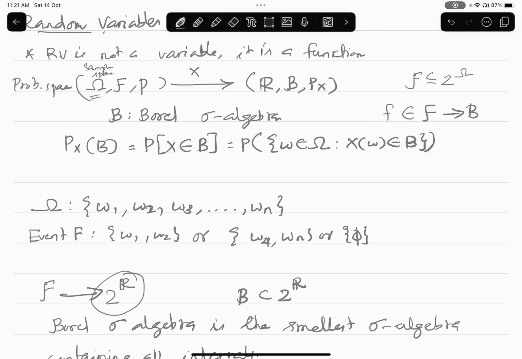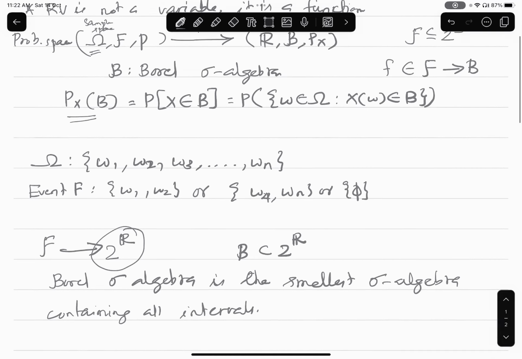Similarly, for a particular random variable we have a probability, known as Px(B), which is the probability of the random variable X belonging to that particular Borel set B, which can be written as P of all ω belonging to the sample space Ω such that X(ω) belongs to the Borel set.